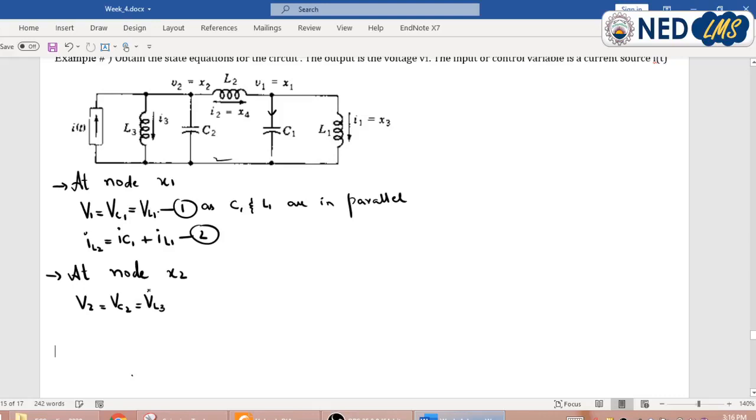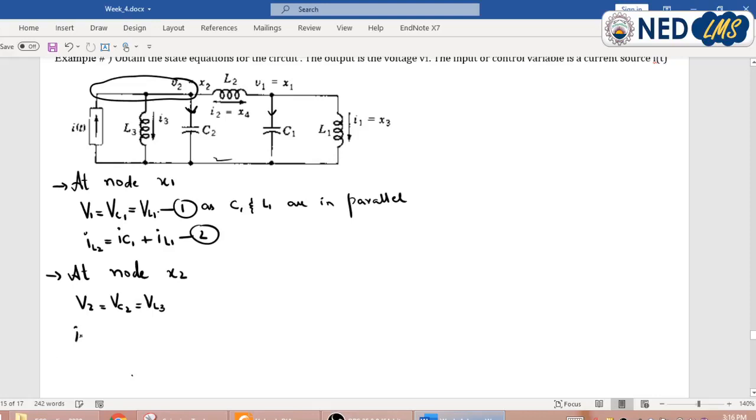Similarly, if I want to write the current equation at this node x2, this is my complete node x2. Here this current is entering, this I3 will be leaving, this capacitor current will be leaving here, similarly the inductor current too. So I can write a current equation using KCL here.